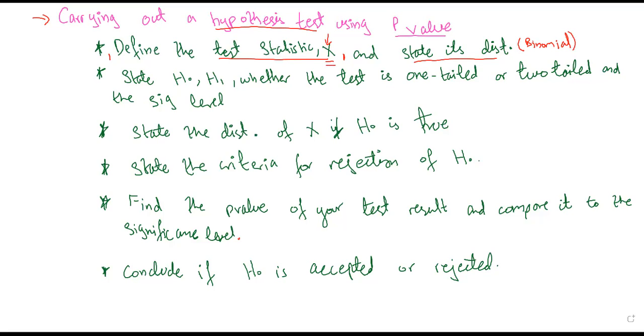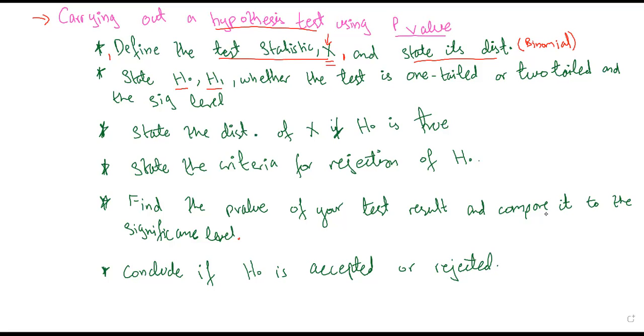Then the second point is to state H naught, that is the null hypothesis, the expected one. In case of a die roll, you say 1 by 6 for any side. H1 is the alternative hypothesis, which is denoted by H1, and it would be changed from the theoretical or expected value.